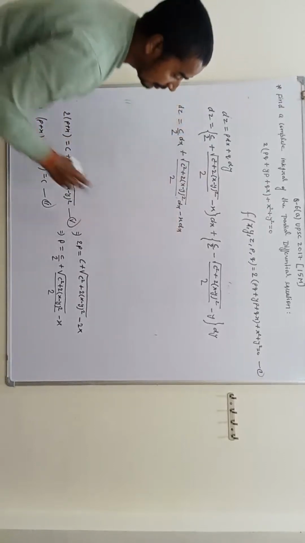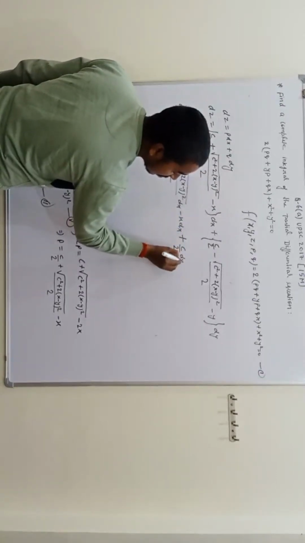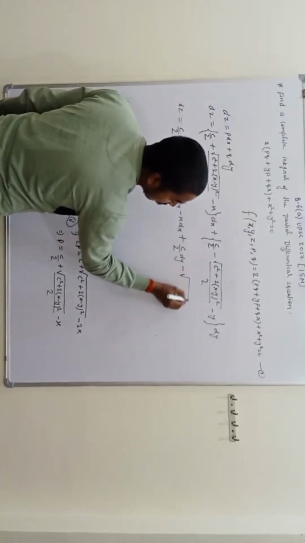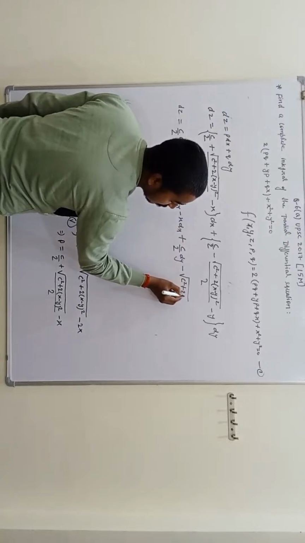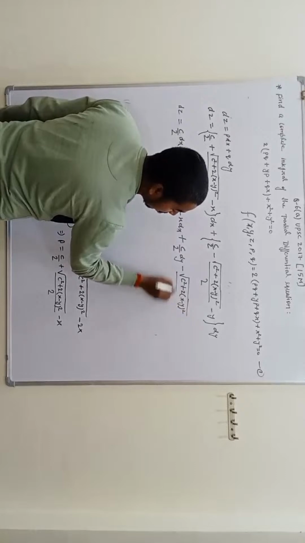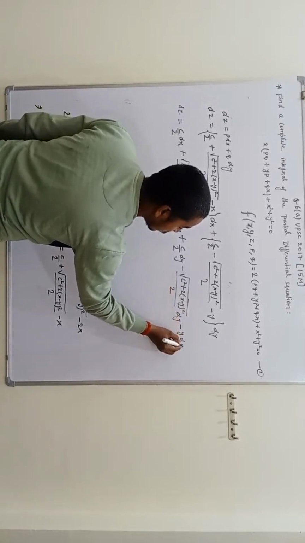We can also multiply here, that is plus of c by 2 dy, and from here that is minus of under root c square plus 2x minus y whole square upon 2 dy and minus of y dy.